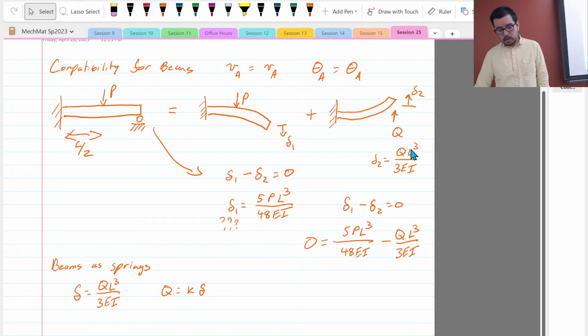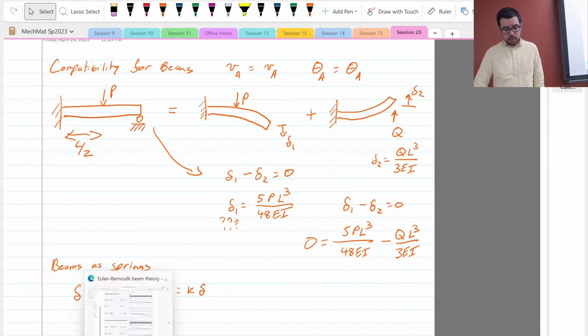And then once we solve for Q, we can go back and look at things like, what's the displacement across this beam? And for that, you don't want to use these equations because those are just at the end of the beam.